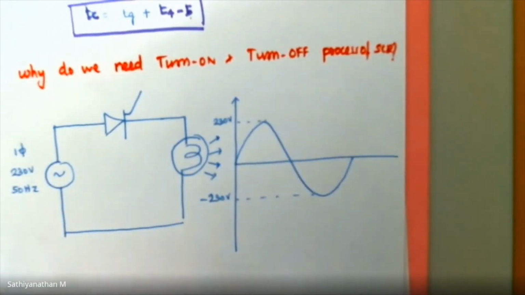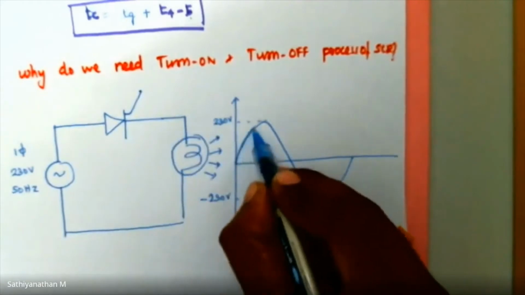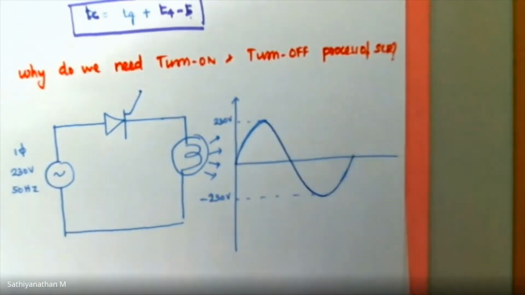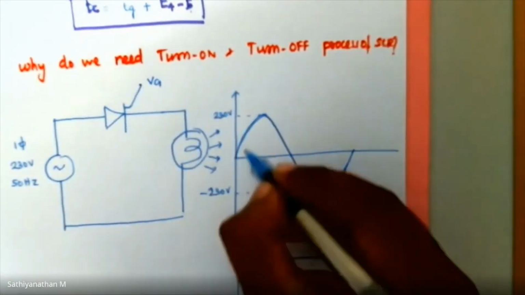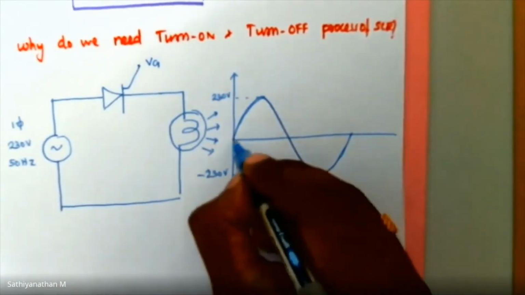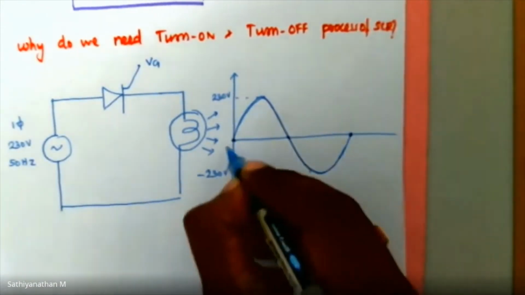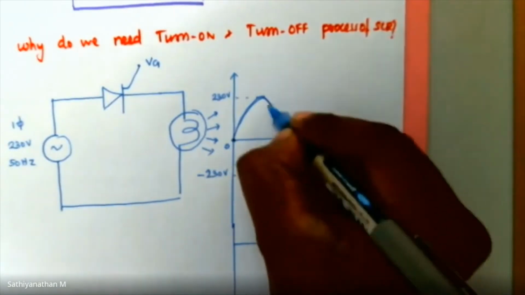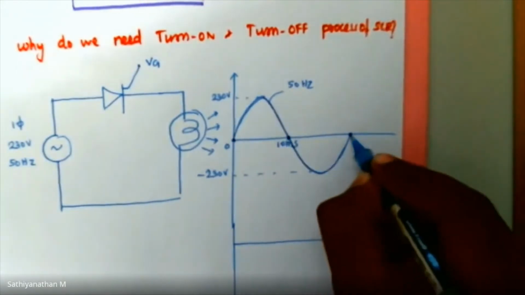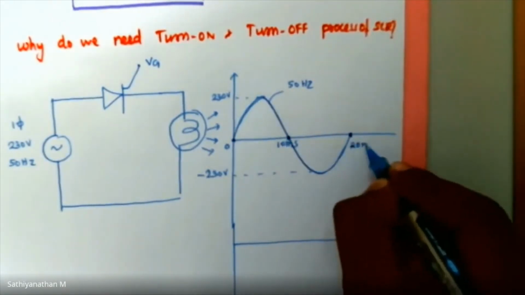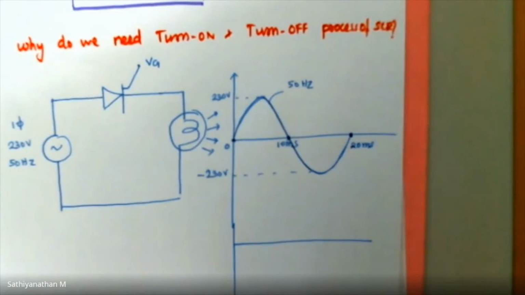So you have to select an SCR for dimming, light dimming applications, right? Here you have a voltage magnitude and you need to provide a gate voltage VG, right? You have different time periods, 0, this is for a 50 hertz signal, so this is 10 millisecond, and this is another 10 millisecond, so it is 20 millisecond.